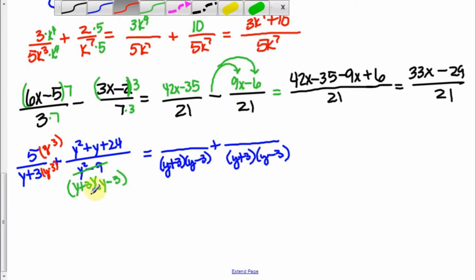Did I multiply this one by anything? The second one, aren't they exactly the same? So I won't be changing my numerator, will I? This one is going to stay the same. So you can just rewrite y squared plus y plus 24.